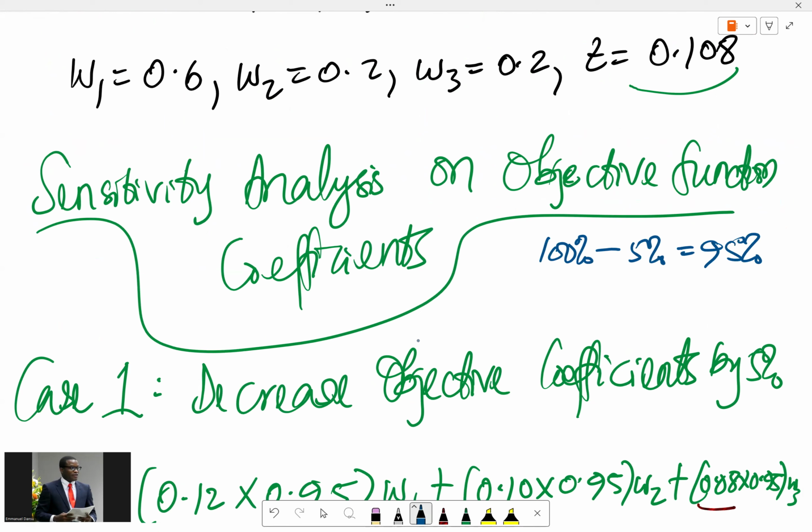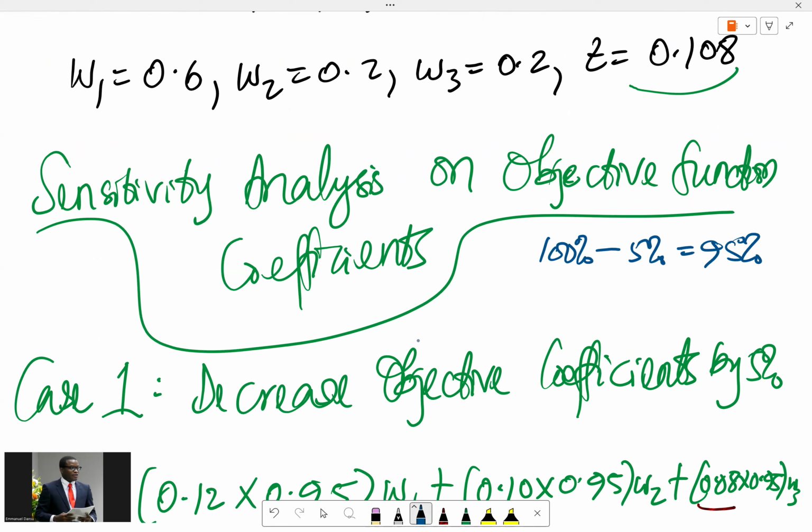But here we are increasing by 5%. So it means the 100% you had, you're adding 5% to it. So to get the new value, you're going to multiply by 105%, which is the same thing as 1.05, right?